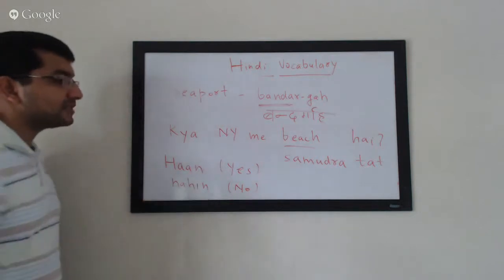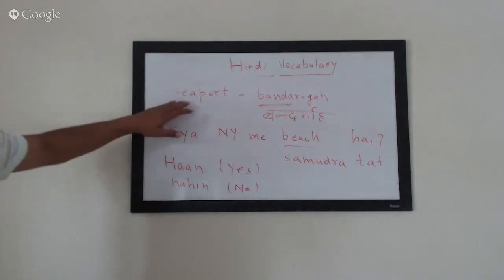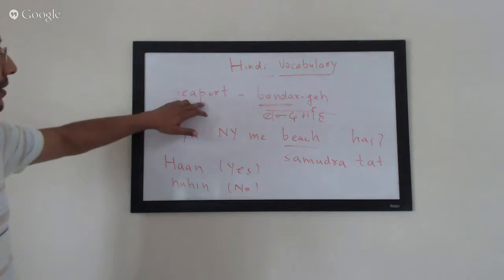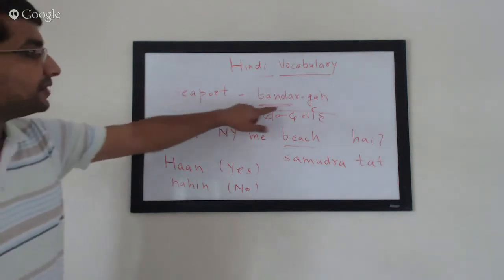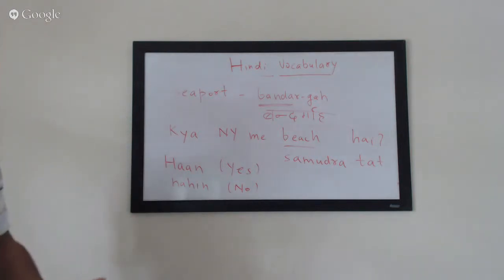Or you can ask a subsequent question: क्या आपके शहर में बंदरगाह है? Do you have seaports in your city? And you can respond with yes or no in this case as well.